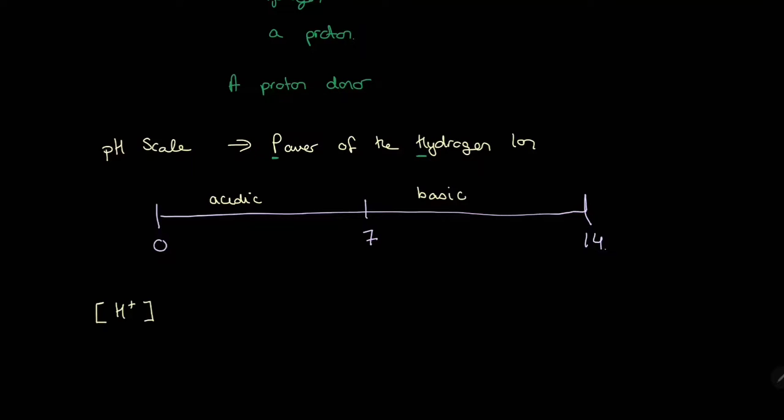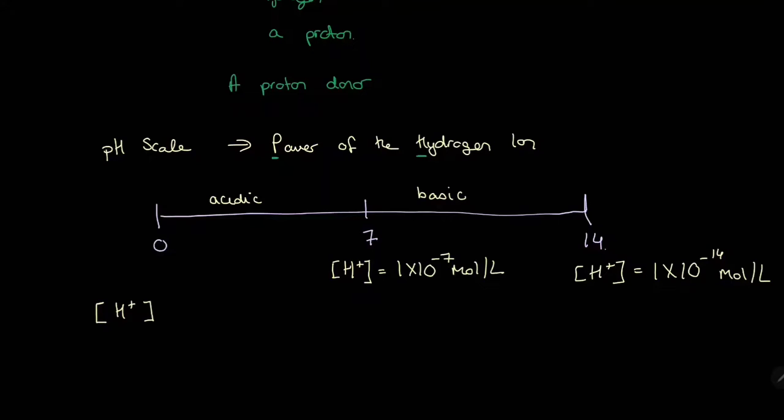A solution of pH 7 would have a hydrogen ion concentration of 1 by 10 to the minus 7 moles per liter. And a solution with pH of 14 will have a hydrogen ion concentration of 1 by 10 to the minus 14 moles per liter.